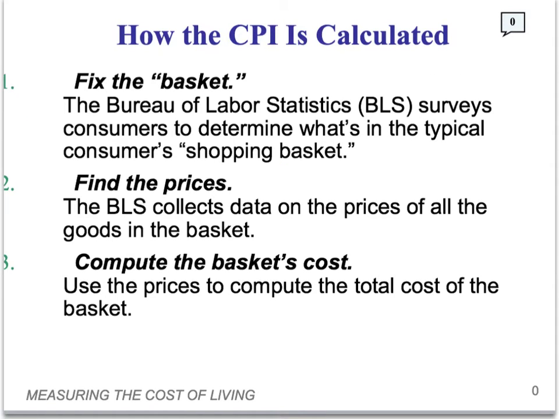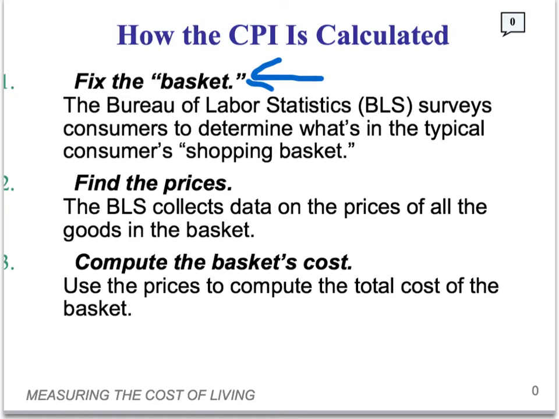So this is how CPI is calculated. You'll always hear of a CPI basket. What you're looking at is a basket of goods, all the things that are consumed. When they're calculating it, the government, actually the Bureau of Labor Statistics, which is a branch of the government, uses a certain basket of goods that they compare over time. They'll collect the data on these prices, and they'll literally go to grocery stores, see the price of food.